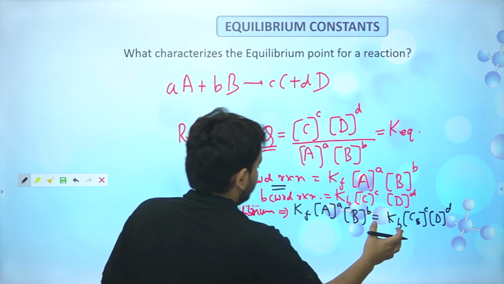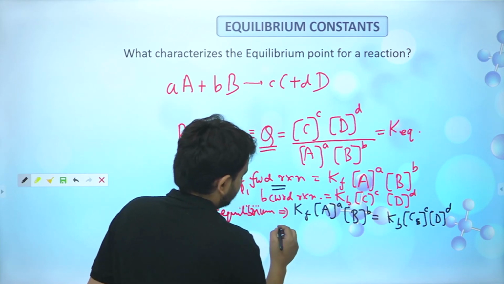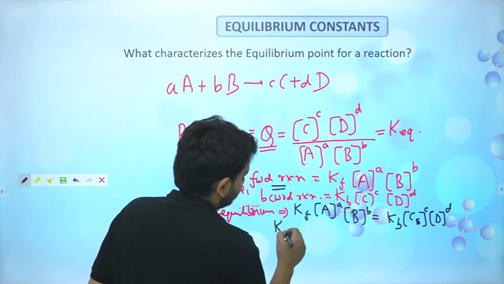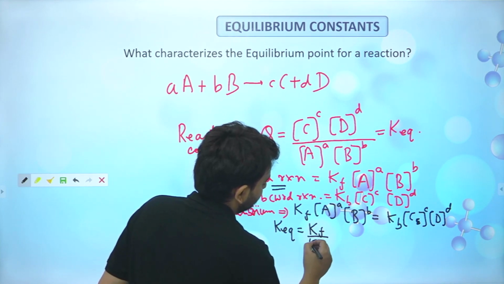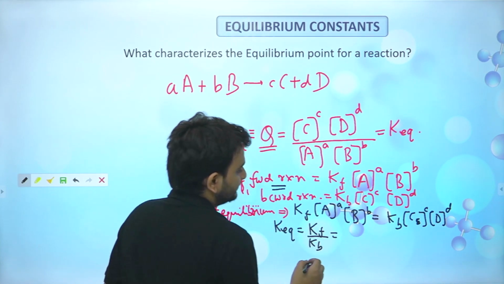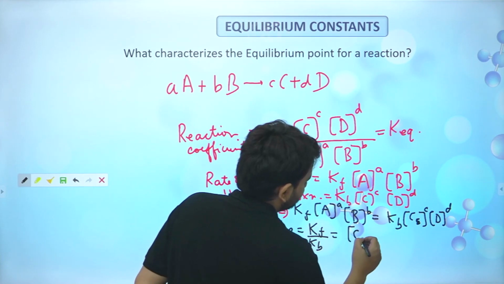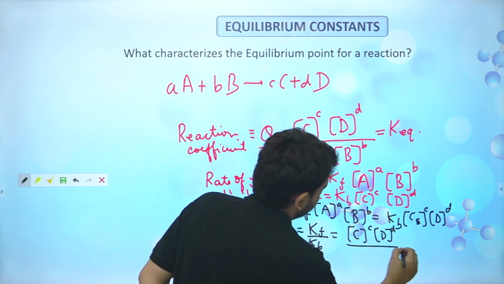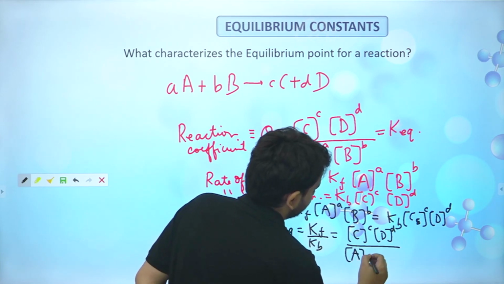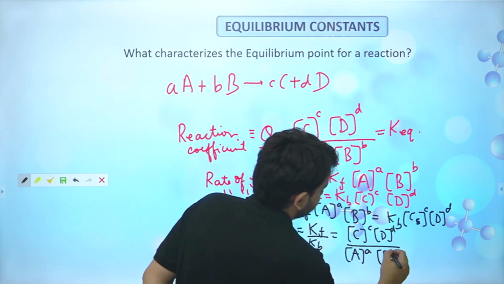So the equilibrium constant K equilibrium is basically K forward by K backward. We'll talk about this again. That will be equal to C raised to the power c into D raised to the power d over A raised to the power a into B raised to the power b, right?